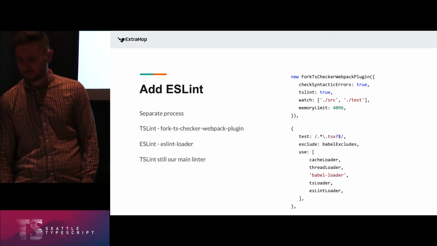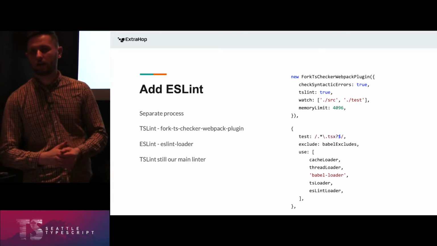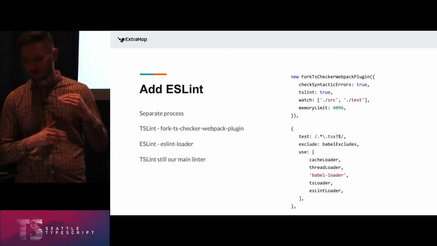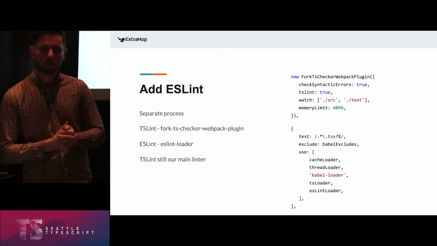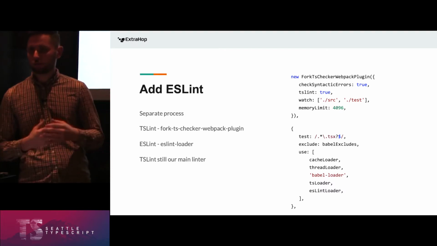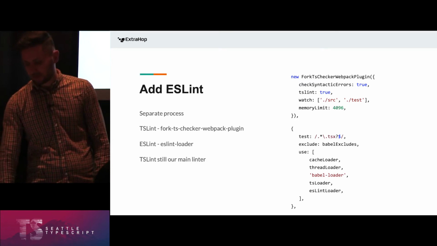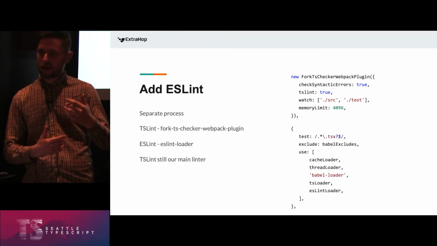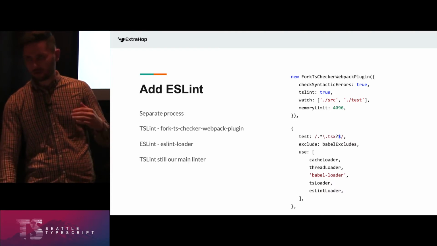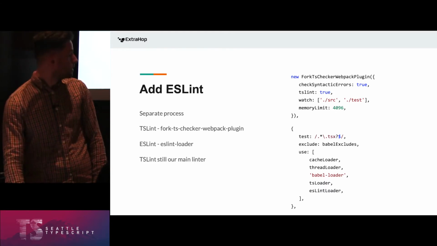So all was good except one thing. Because we use this cache loader, which gives us a bit shorter build time, it was not working well with ESLint. So we kept using it, but basically ESLint loader only ran reliably on the first build, but not on subsequent saves, because once the files are cached from cache loader, it would just check for errors off of the cached files.